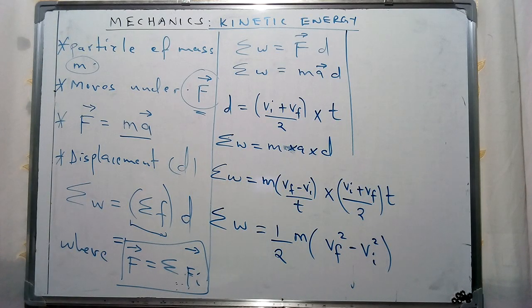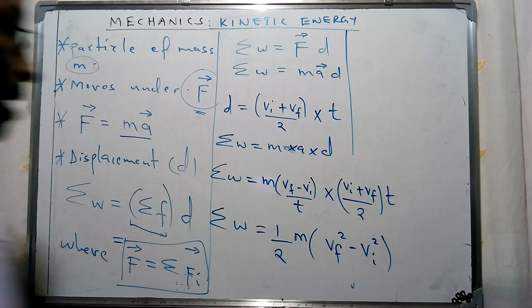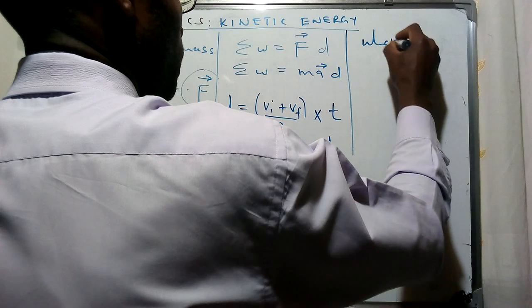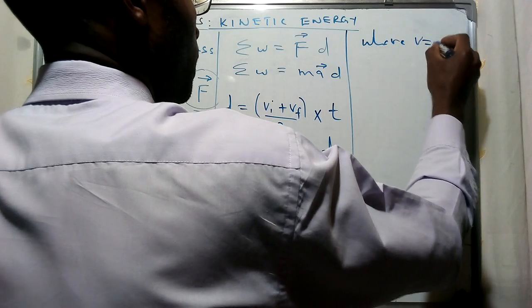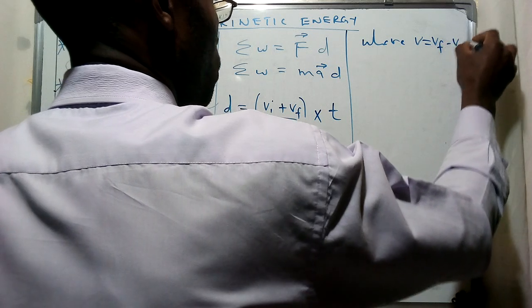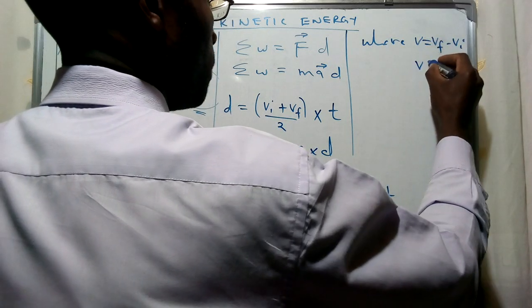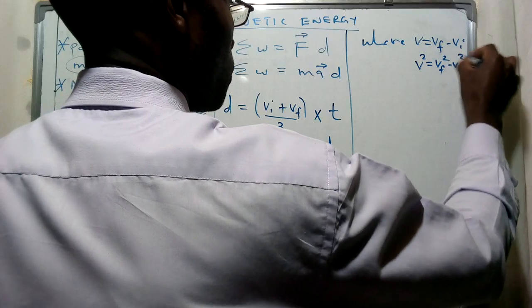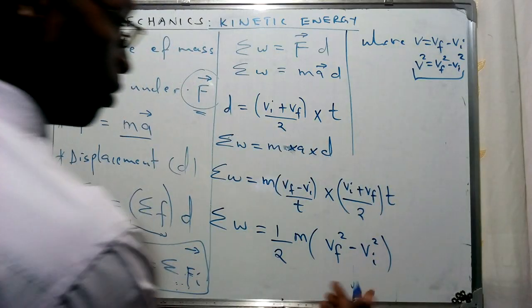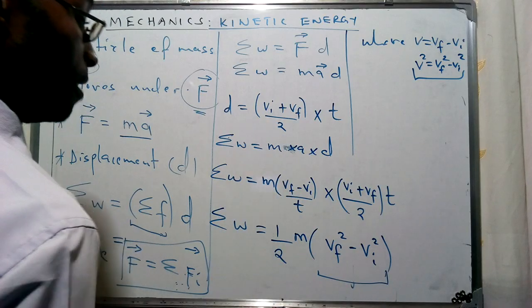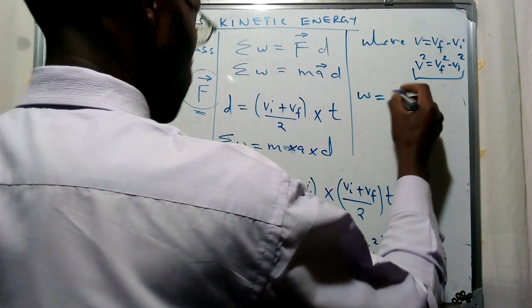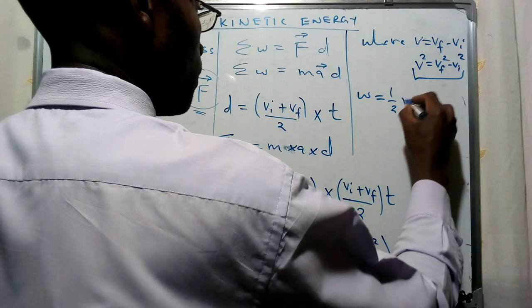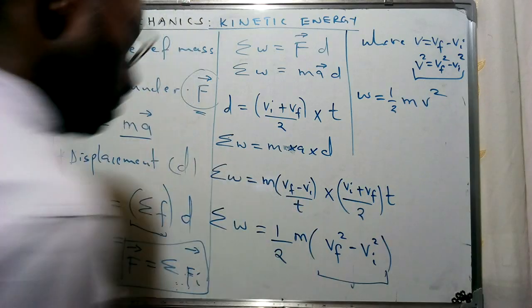So we can consider the case whereby V can be defined as V final minus V initial, and therefore the square of this is going to give us V final squared minus V initial squared. We can have this substitution taking care of this section, and therefore we're going to have this work given in terms of half mv squared.